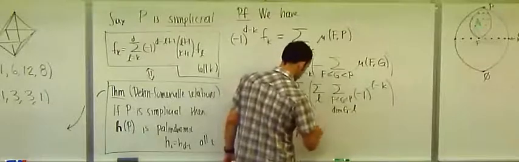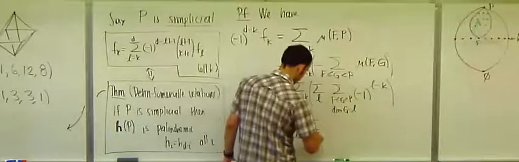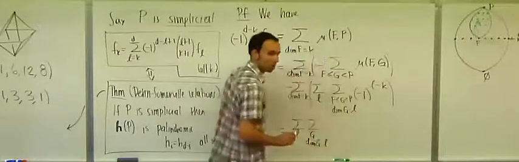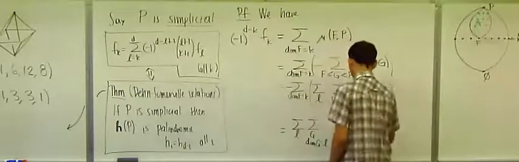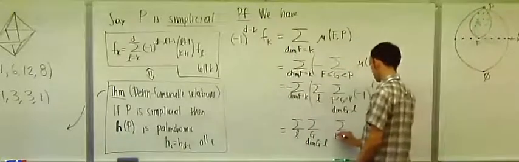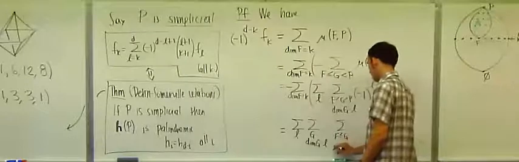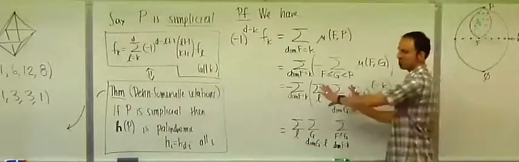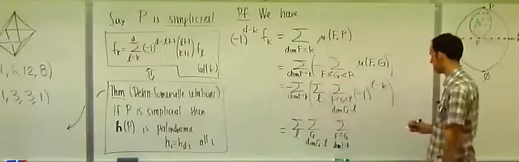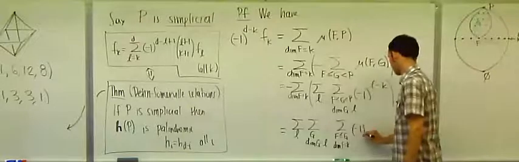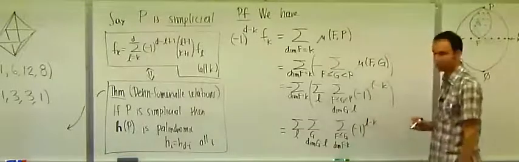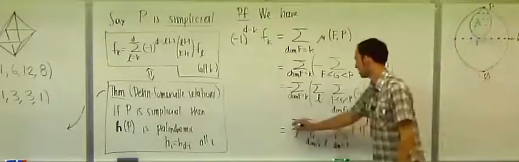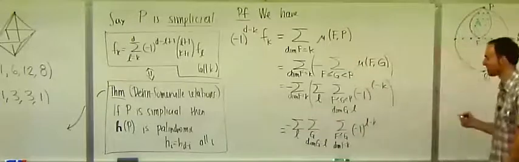Then I'm going to sum over the G's that have dimension equal to L. And then I'm going to sum over the F's, which are faces of G and have dimension K. So all I did is reverse the order of summation, which is not going to alter the result. And I get this. And I still want the minus, yes. Keep reminding me if I keep forgetting.